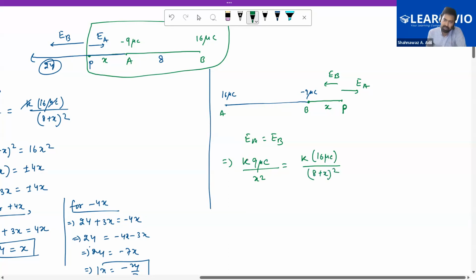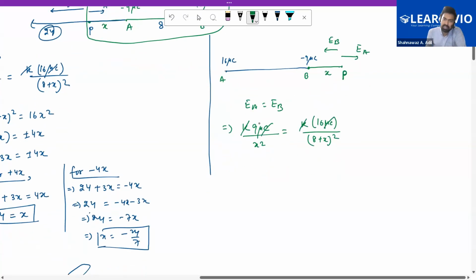So K will cancel, microcoulomb will cancel. This becomes 9 (8 plus X) whole square equals 16X squared. So this becomes again 3 (8 plus X) equals plus minus 4X.